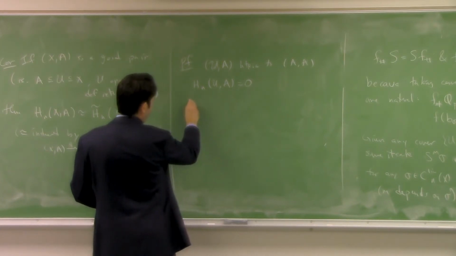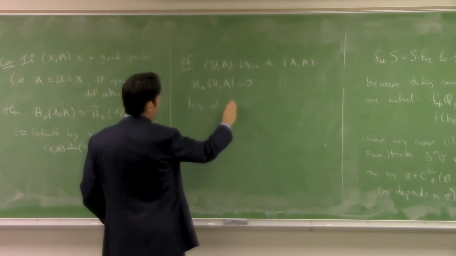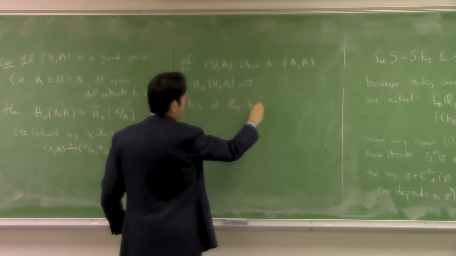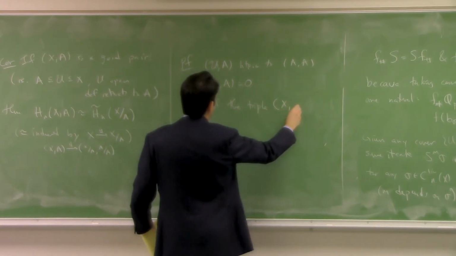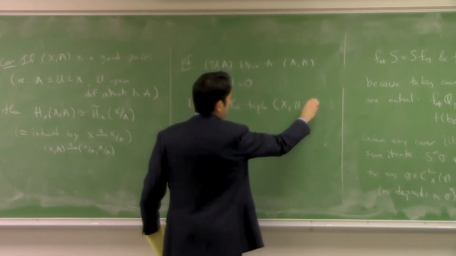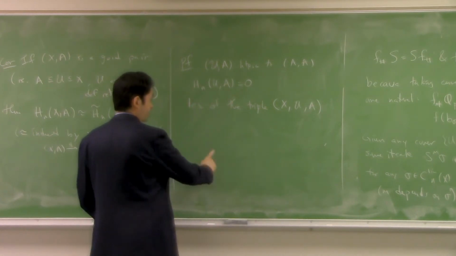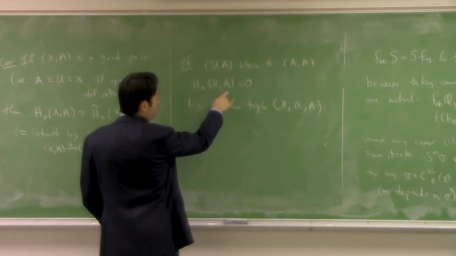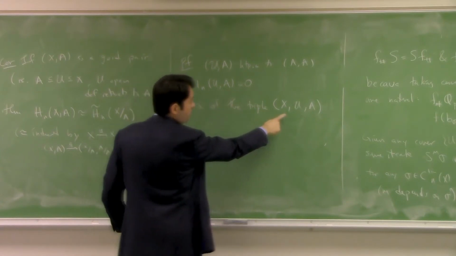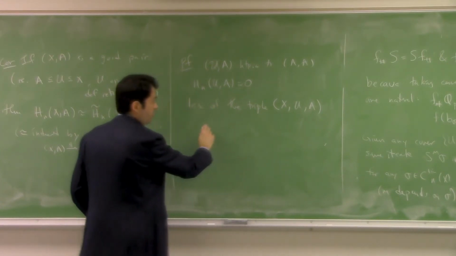Okay, so from the long exact sequence of the triple (X, U, A), since these are all going to be 0, that means that the other ones in here are going to be isomorphisms.